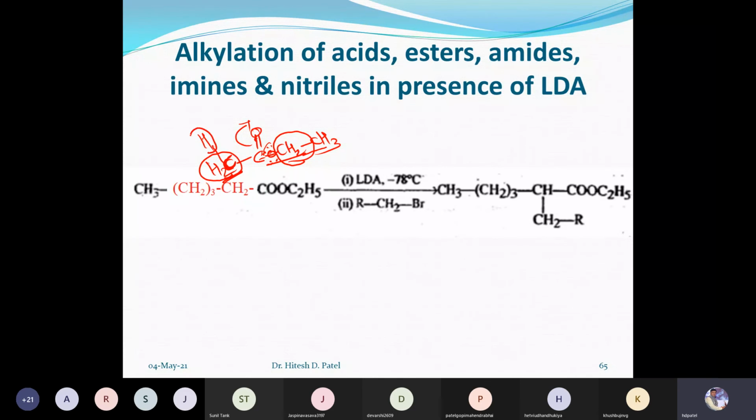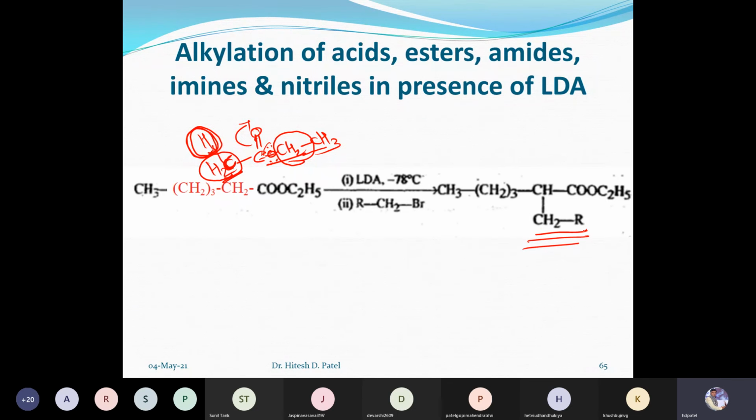Removal of the proton, that is deprotonation, will take place over here, and that's why we will get the carbanion and this product. So this is the difference between which CH2 LDA will attack and why these products form.